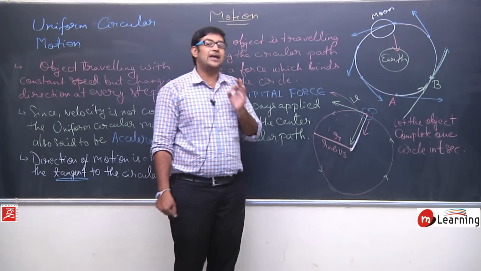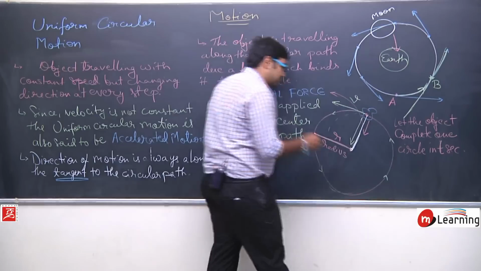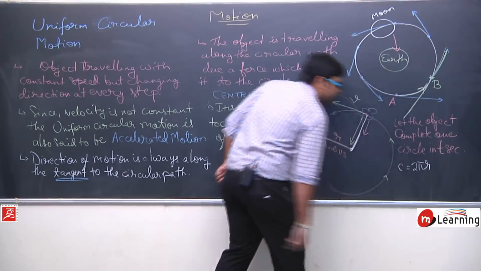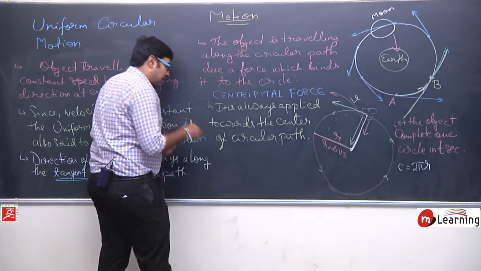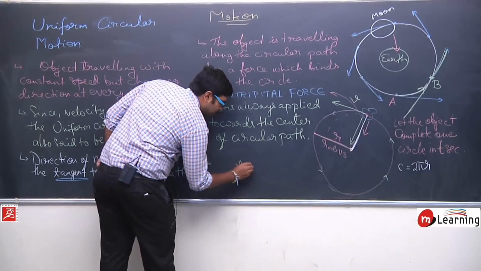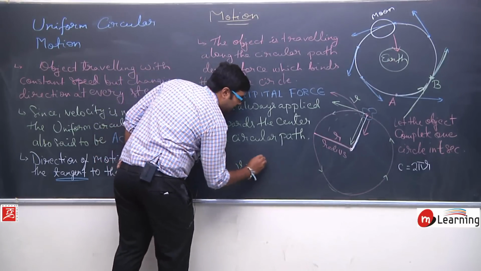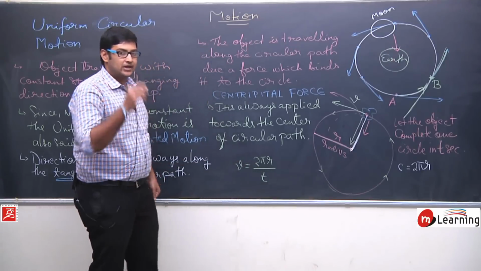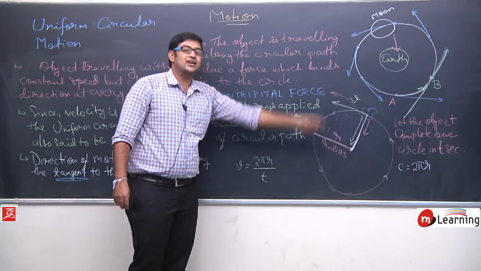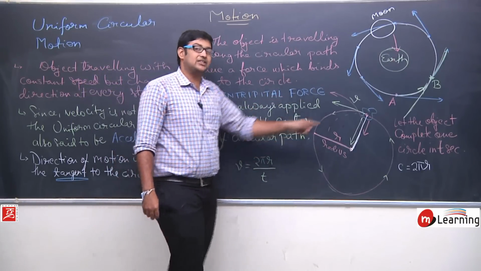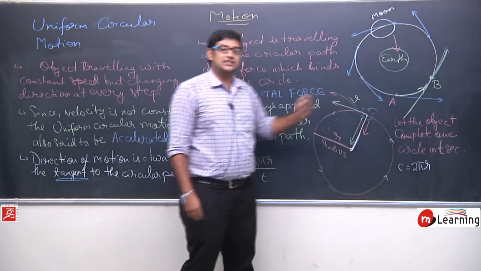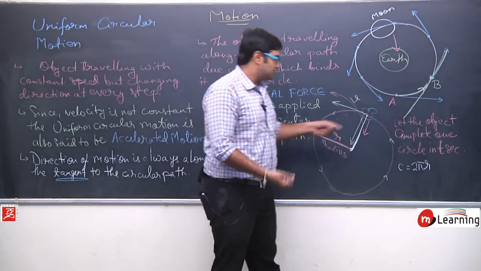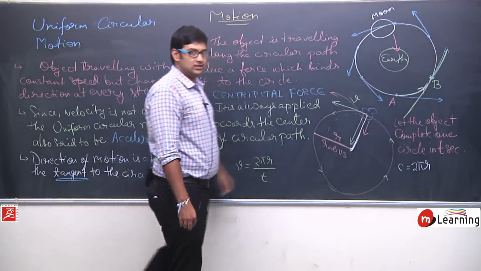It is 2 pi r. So speed v equals distance, that is 2 pi r, upon time t. Time t represents the time required to complete one circle, 2 pi r represents the distance traveled to complete one circle, and v represents the speed with which the object is traveling along the circle.